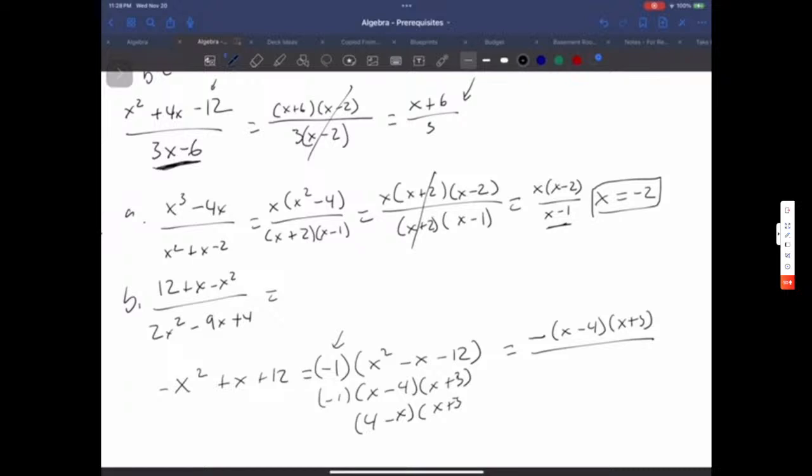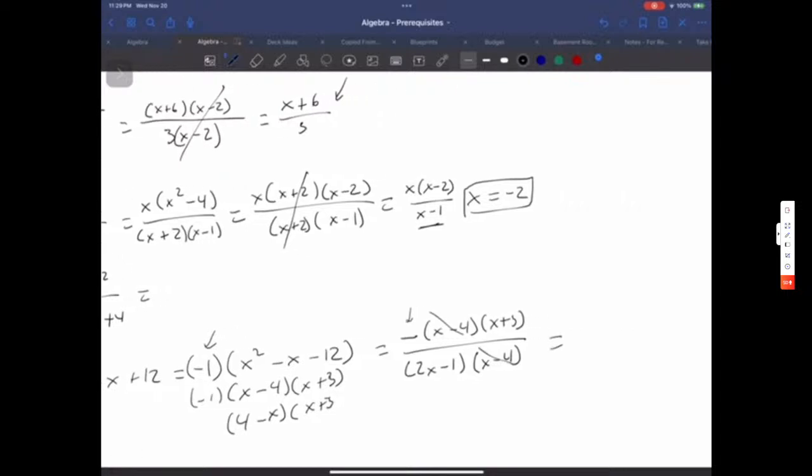And then on the bottom, I'm not going to solve it, I'll just use his, 2x minus 1 times x minus 4. So if you look at that x minus 4, you have to factor out the negative sign to be able to cancel those out. So then you have minus x plus 3 over 2x minus 1.